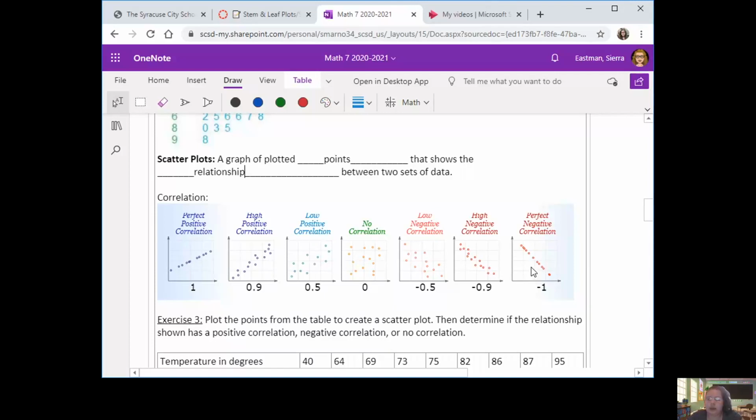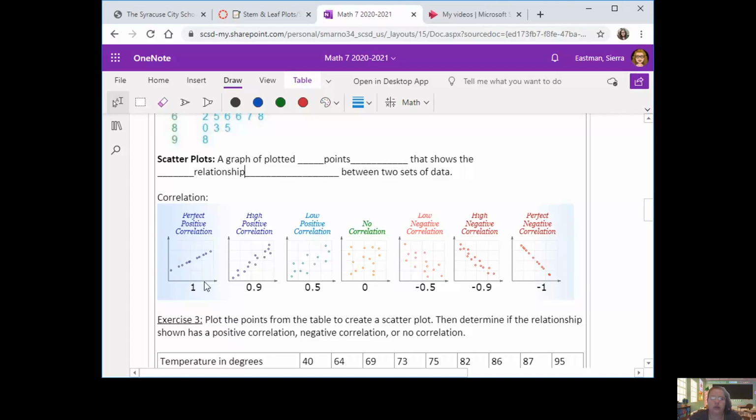If we have something opposite, okay, and one value is increasing while the other one's actually decreasing, okay, going down, then we have a negative correlation. That is a perfect straight line, which would be a -1, okay? And then, like I said, they're not always a perfect straight line. A lot of the times they look like a bunch of random dots on a graph.